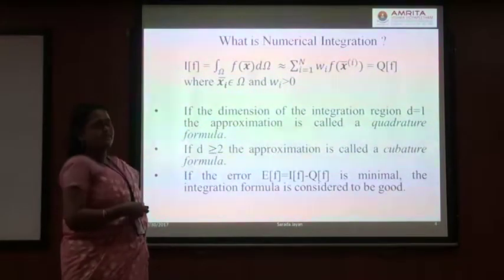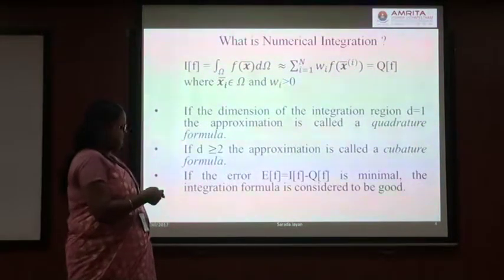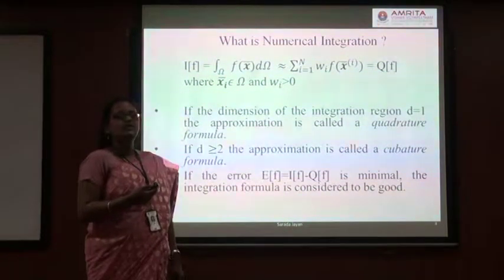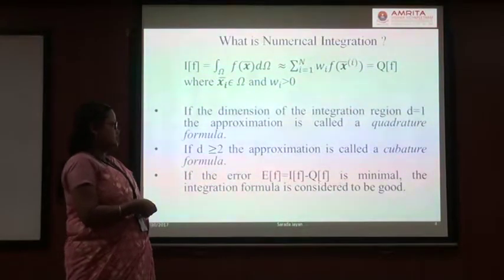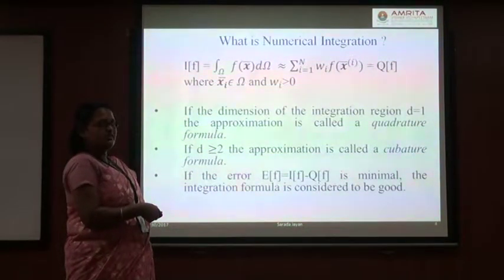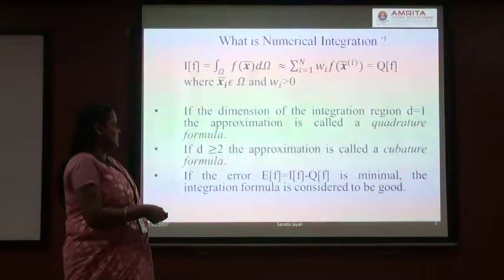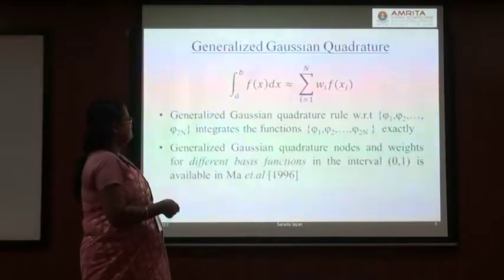If the dimension of integration is 1, we say it is a quadrature formula, and if the dimension of integration is more than 1, we call it a cubature formula. The error of the integration is I of f minus the value obtained by the quadrature formula. If this error is minimal, the integration formula is considered to be very good.